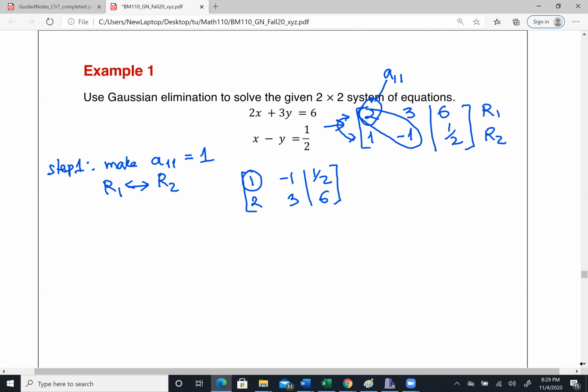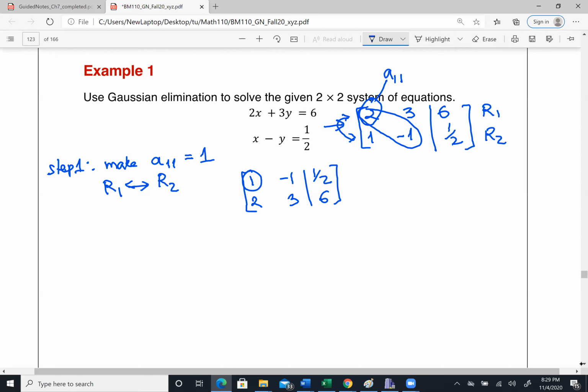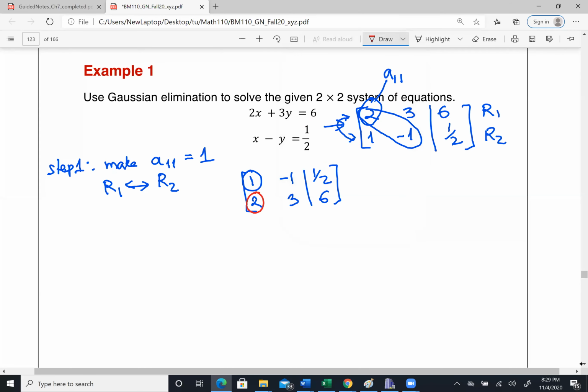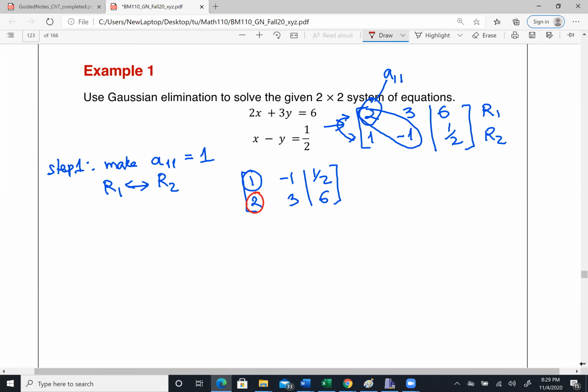Now I'm gonna make the elements below become 0.